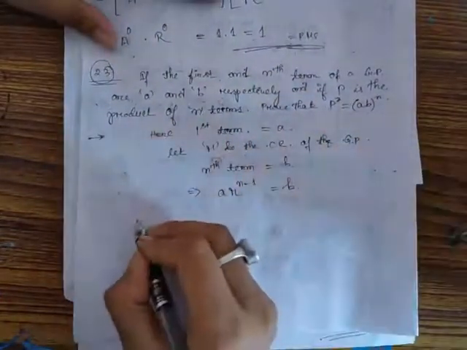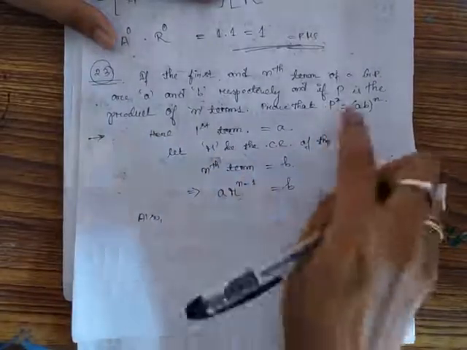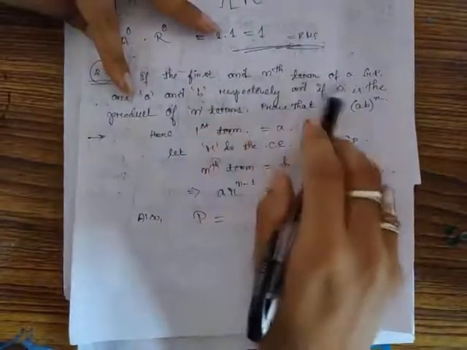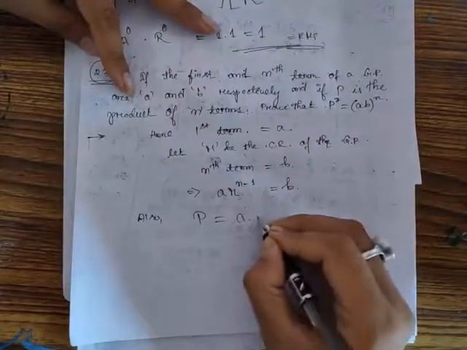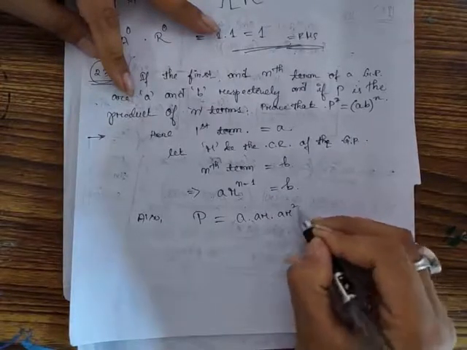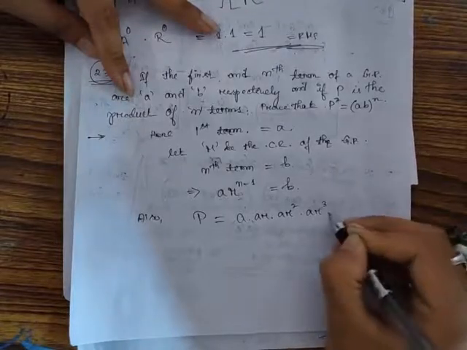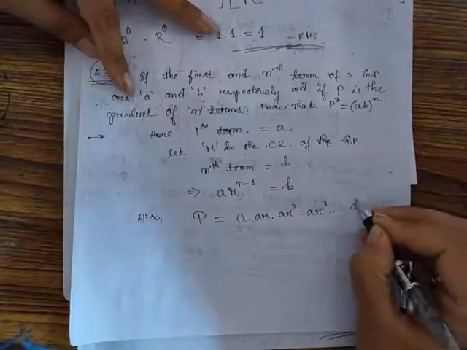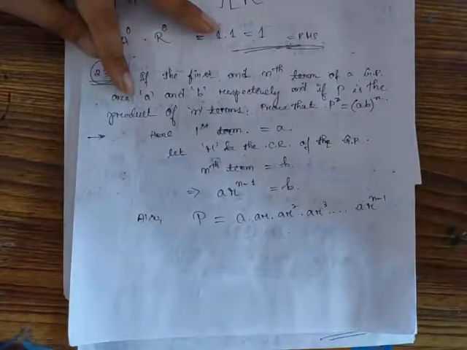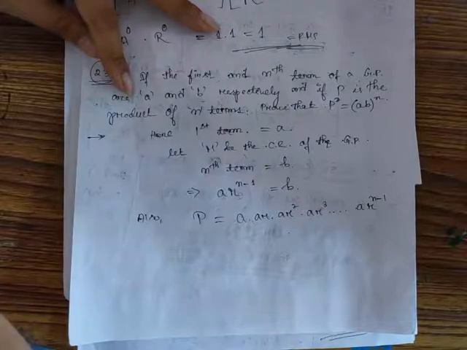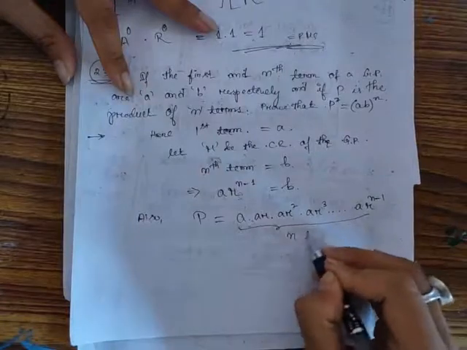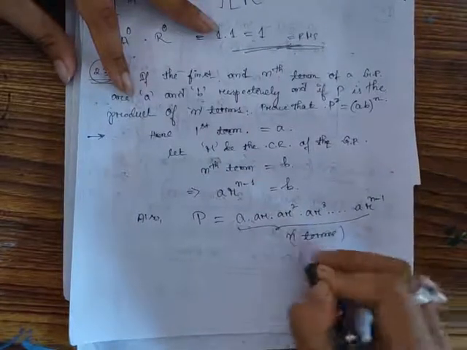Now we have to show that if P is the product of n terms of the GP. Also given that capital P is the product of n terms of this GP. First term we have a, second term we will have ar, third term ar square, fourth term ar cube, goes on to the nth term, ar to the power n minus 1. Now how many terms do we have here? We have n terms.